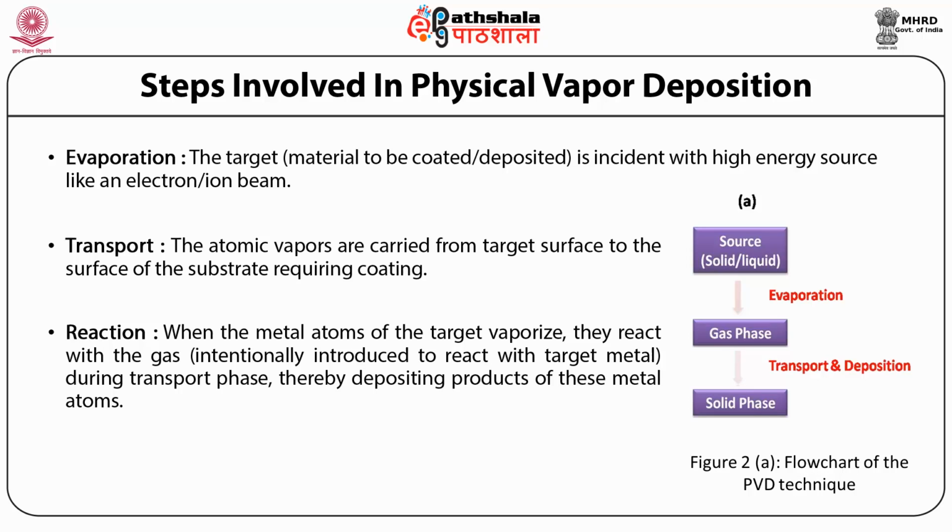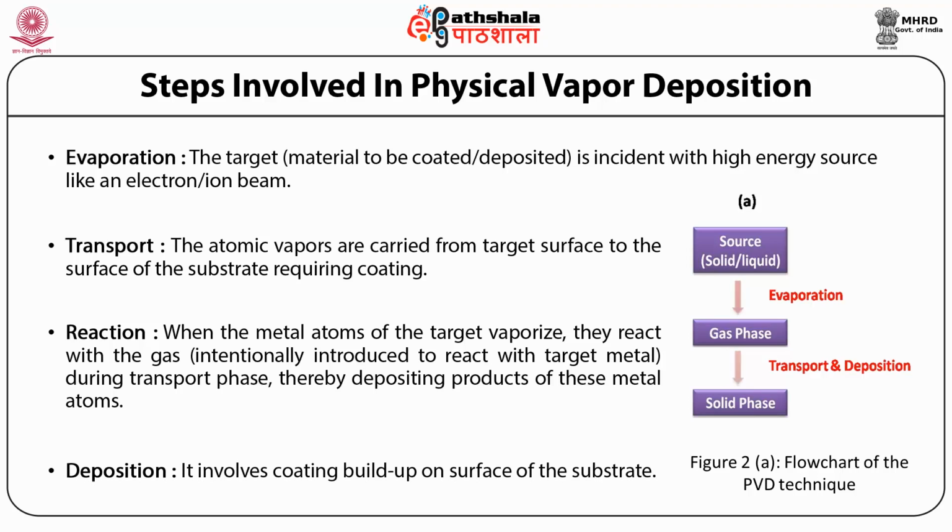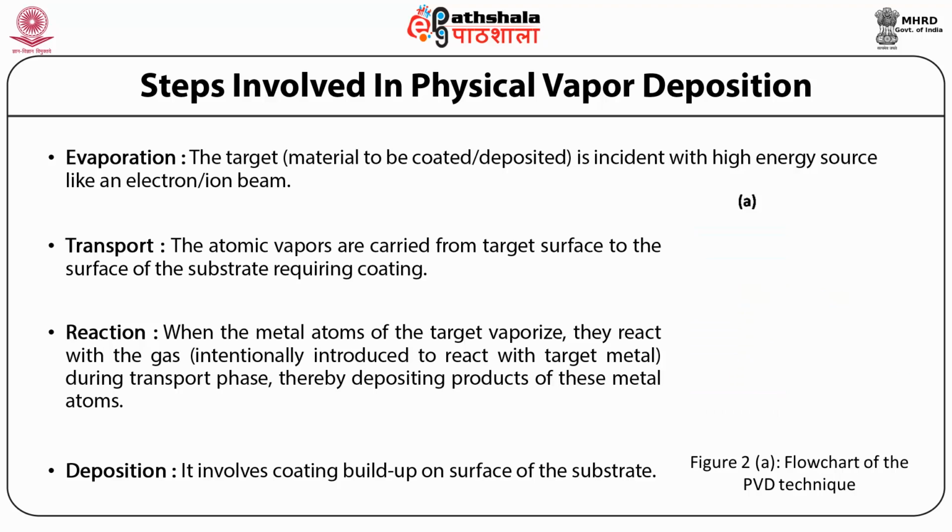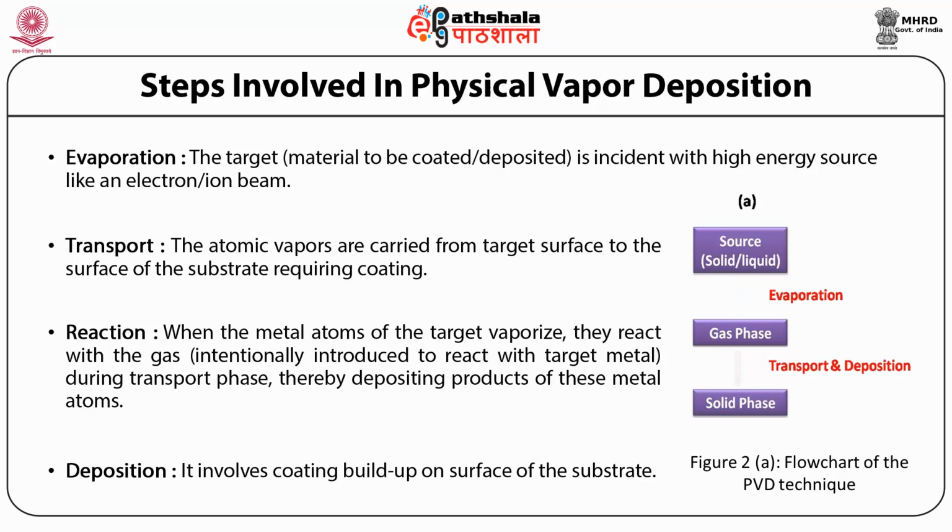The last step is the deposition. It involves coating buildup on the surface of the substrate. Based on the specific method, certain reactions may take place between the target material and reactive gases on the surface of the substrate concurrently along with the deposition process.